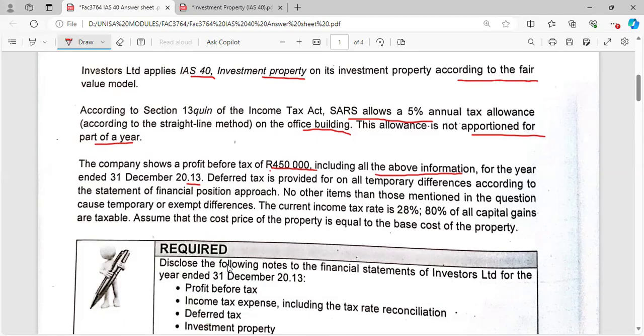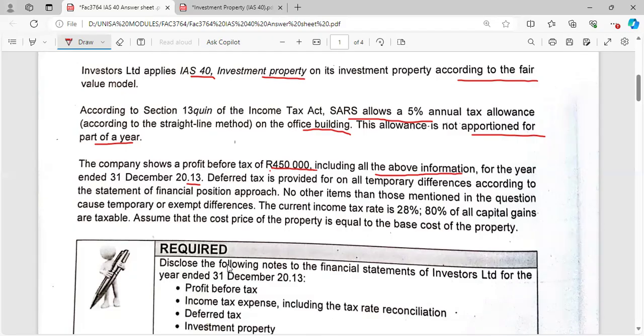Remember, for our FAC 3764, we use the statement of financial position approach, where we look at the assets and liabilities. There is also the statement of comprehensive income. I think you will use it when you're doing your CTA. You can also do deferred tax using the statement of comprehensive income, right?